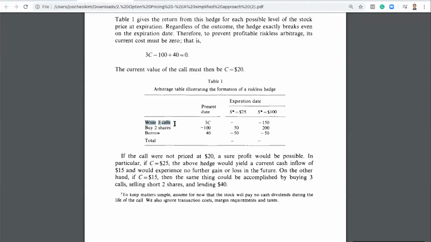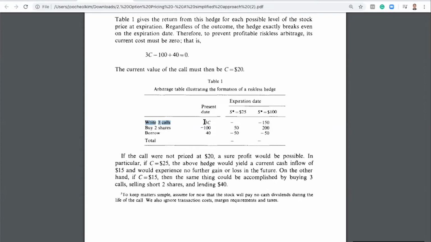So write 3 calls. The price of a call option, which is unknown right now, is just a C. And if I sell 1 call option, then I will get $C. But since I'm going to sell 3 of them, the money that I get.